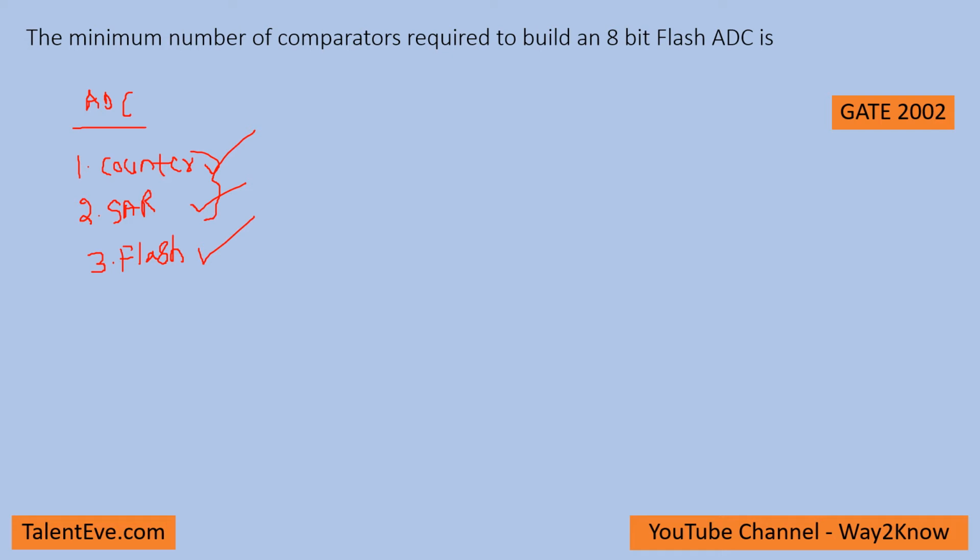So now to look at the configuration of a flash ADC, there will be comparators. Let us take only two comparators as an example, and then let us assume there is a sequence and an encoder, out of which comes a digital bit stream. So that is the analog to digital converter.